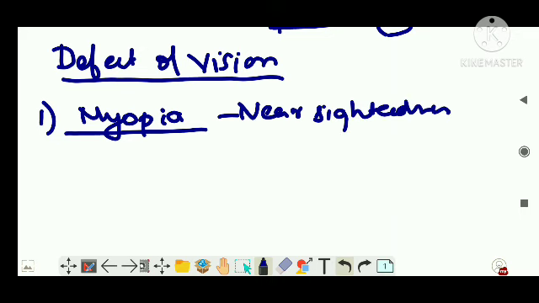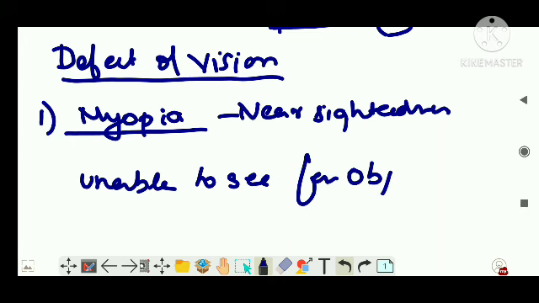That means the person will be able to see objects close to him, but will not be able to see far away objects. I am having nearsightedness, I am having myopia, in both of my eyes. Being unable to see far objects is known as myopia or nearsightedness.